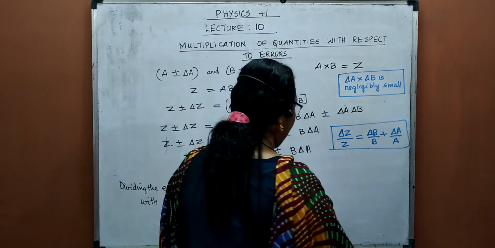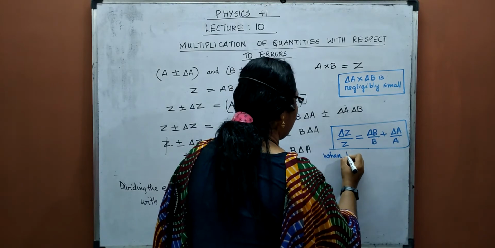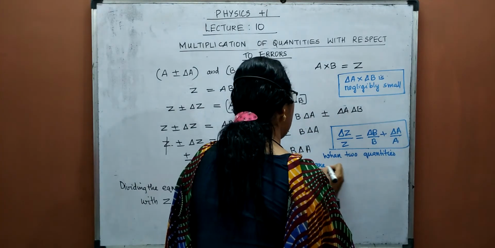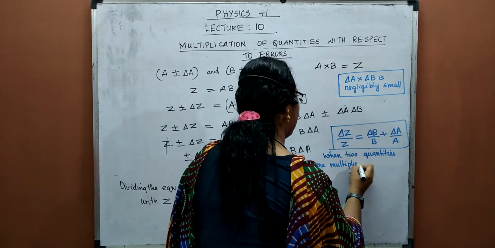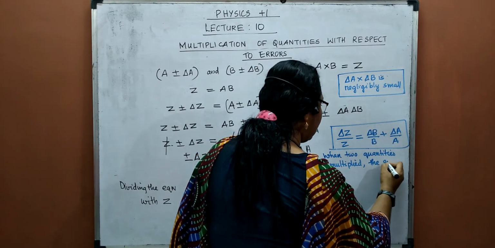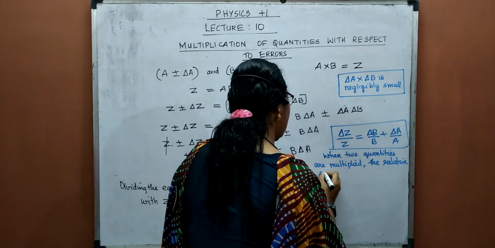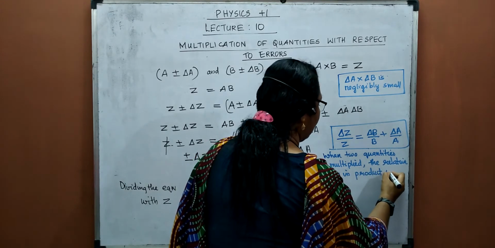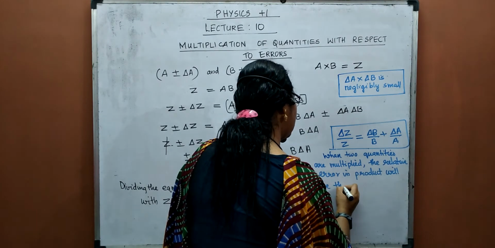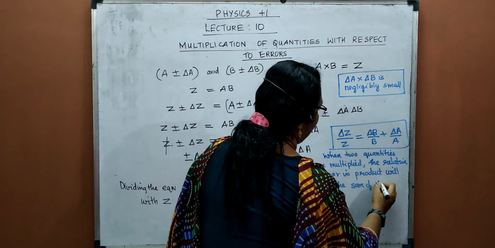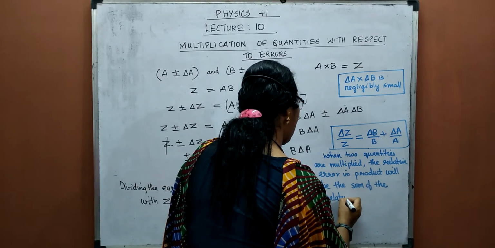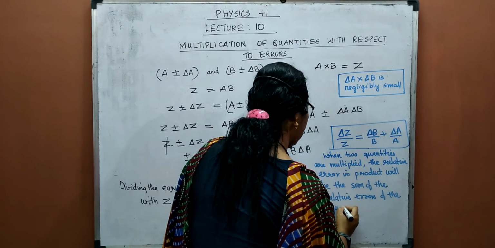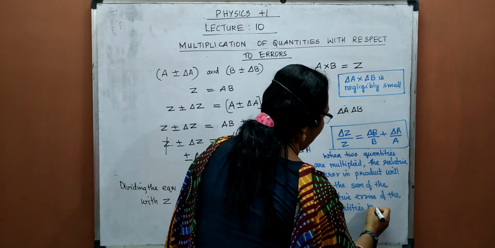Okay, so we can say when two quantities are multiplied, the relative error in the product will be the sum of the relative errors of the quantities multiplied.